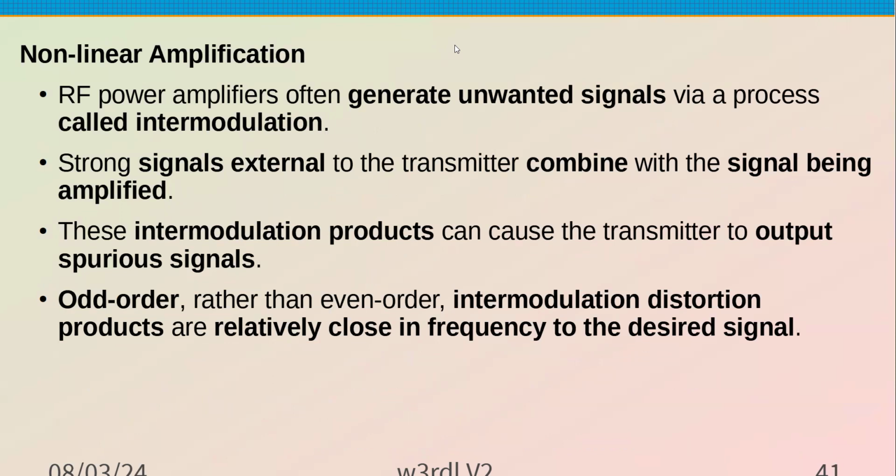A lot of cases, because the amplifier is non-linear, it can generate what's called intermodulation. We haven't got to mixers yet, but the whole point of mixers is you've got two signals in a non-linear device, they sort of get multiplied, and you get the sum and difference of them.